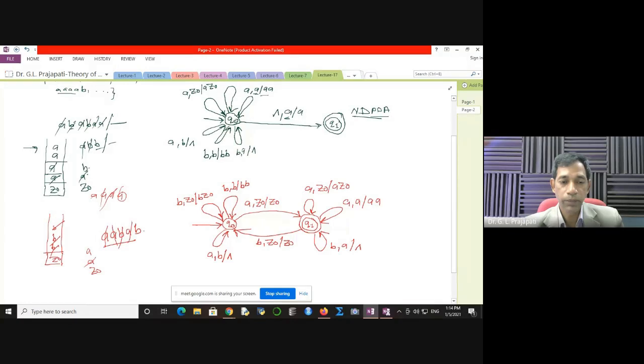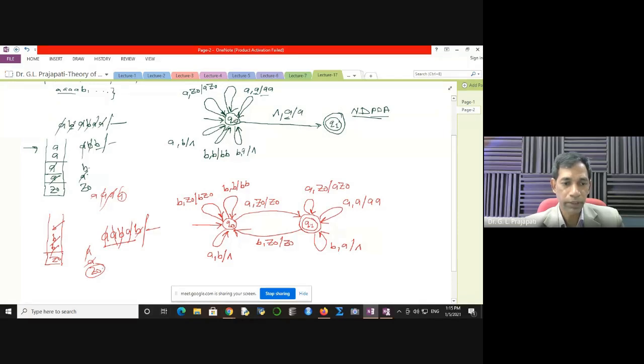Input is B and top is A, you can delete alternate combinations. And now your input is exhausted. Once your input is exhausted, you see what the top is. If it is Z0 and you are in the state Q1, it means you have more number of A's in the string X, at least by 1.